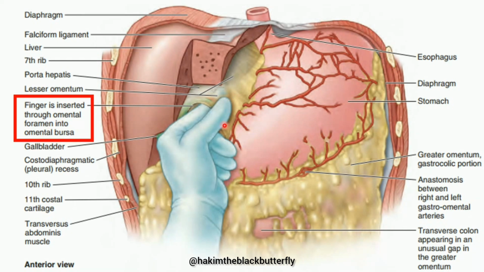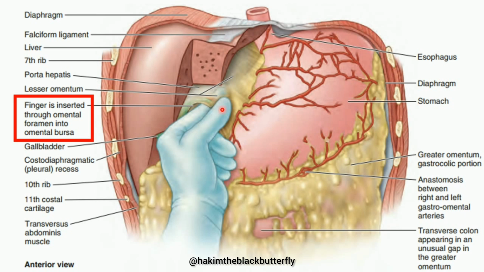And surgically, let me just mention this, this opening here can be accessed. Remember, within the lesser omentum, in the hepatoduodenal ligament, we have some blood vessels that go through. We have the portal vein going to the liver. We have the hepatic artery going to the liver.